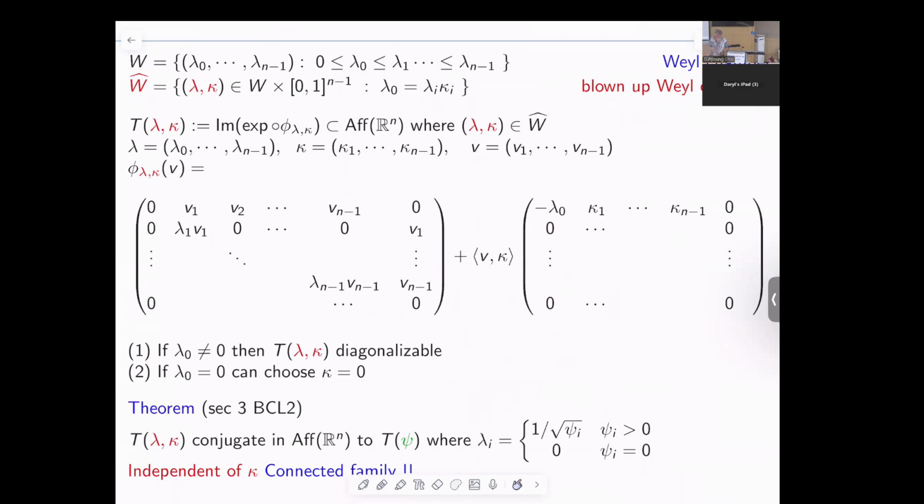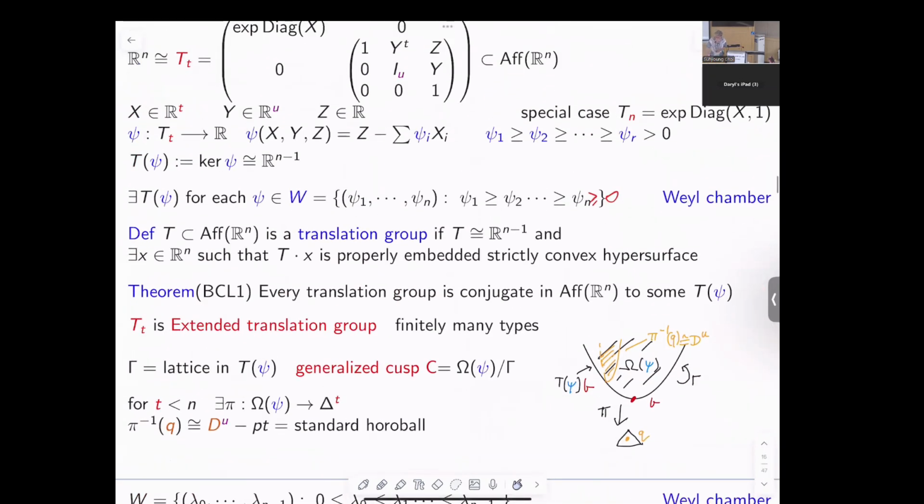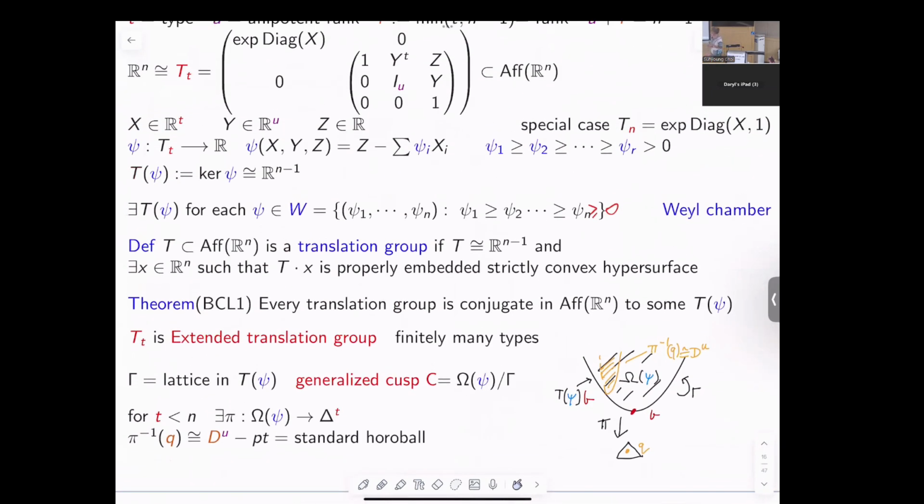All these Lie groups have to form some kind of connected family. The reason is that you might pick a particular type. What does a type mean? It means you've got some number of coordinates psi i that are positive and the other ones are zero. And you get to pick a psi and then you can pick a lattice in that Lie group.